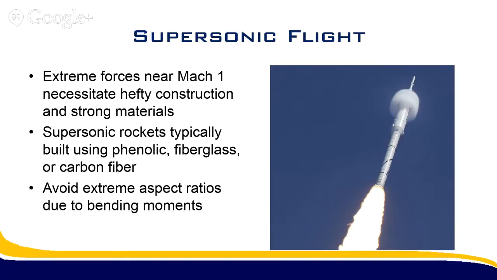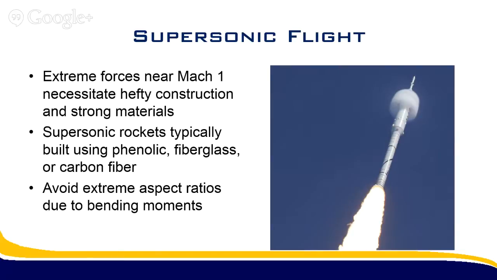Definitely avoid the really tall but really skinny rockets. Those tend to experience extremely high bending moments. So if you think about a piece of wet spaghetti, obviously it's not this bad, but that wet spaghetti tends to bend a lot, and now think of a piece of dry spaghetti.